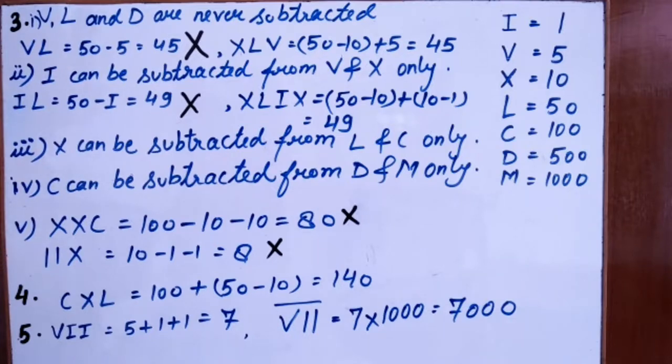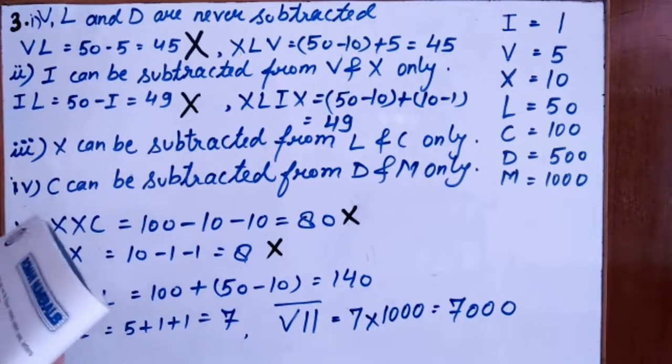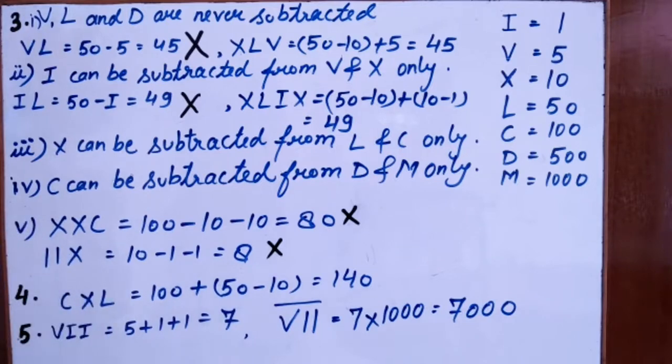I repeat, whenever a letter of smaller value is written to the left of a letter of greater value, the values of both the letters are subtracted. And we know that we always subtract smaller value from greater value. Understood? There are sub-rules in rule number 3.